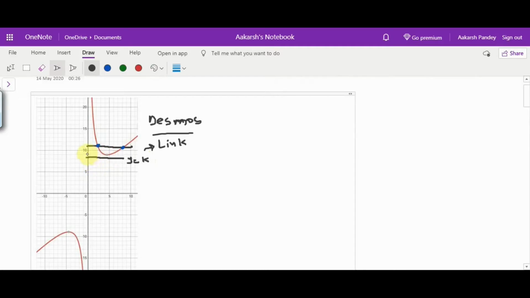So the minimum, what I can see with my graph is, I think it is y equal to 9. So this is y equal to 9, and on the other extreme it is y equal to minus 9.